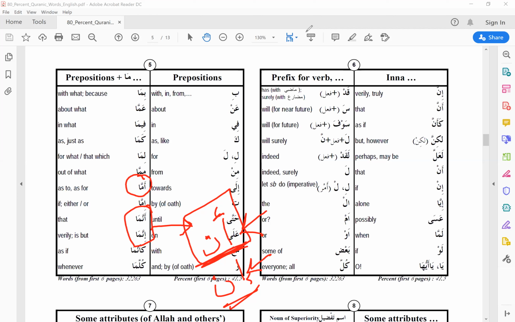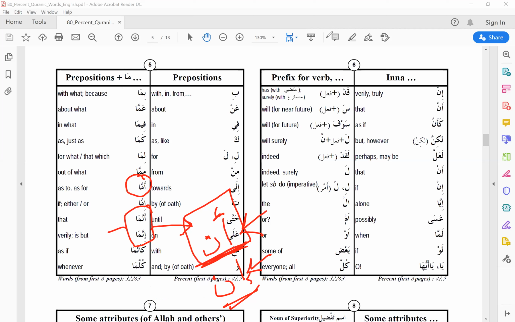And here, let's deconstruct again, but now you're adding the ma. So anna ma would mean that, whatever you want to explain. Inna ma, deconstruct, it's inna plus ma. Now it means verily such and such, and we're going to explain it, is but. So inna ma is going to explain it in more detail.